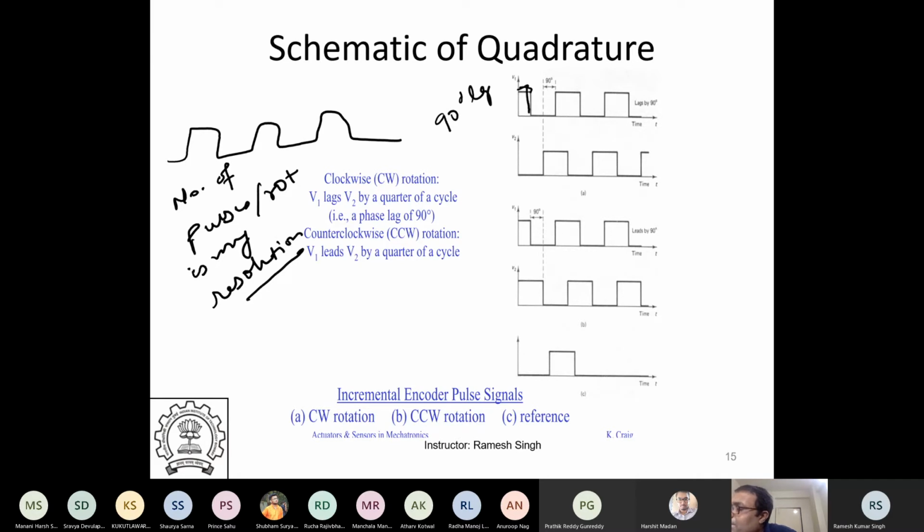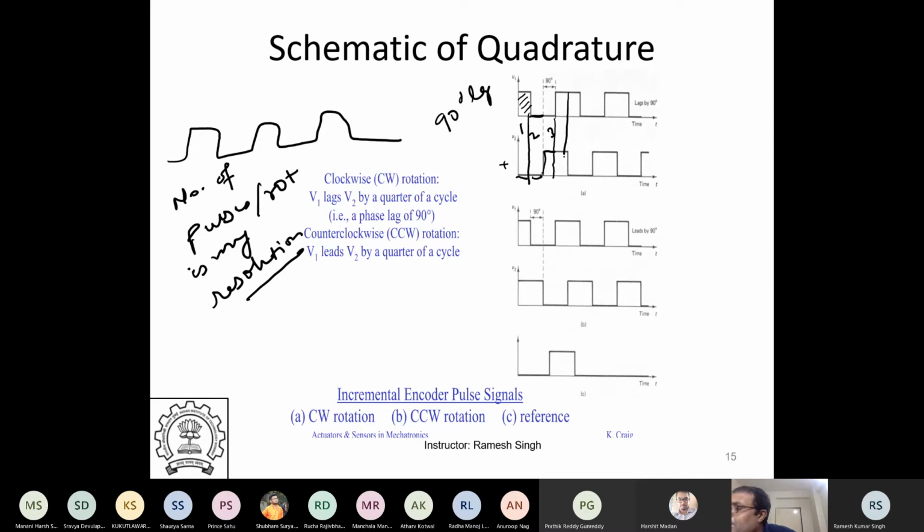So in first 90-degree, I will get this signal. I will get this plus 0 here. Right. So this will be my first transition. I will have this signal and then there will be another transition here, 0, 0. So I will get first transition here. Then again, I will have the second transition. So this will be first, this will be second, this will be third transition right here.